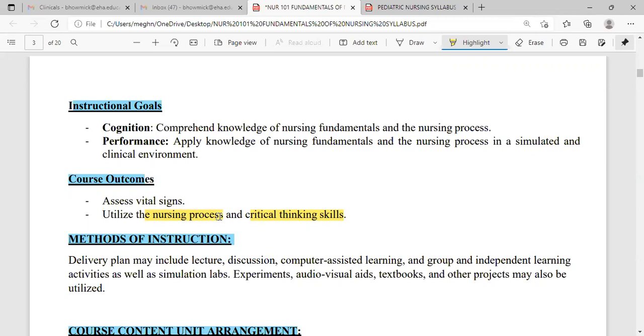Then we go for nursing diagnosis, nursing planning, implementation, and we evaluate it, which is called the nursing process. So what we learn in school and what we do in the hospital and what we see in the patient, we try to coordinate with our basic knowledge and skill. And it is called critical thinking.